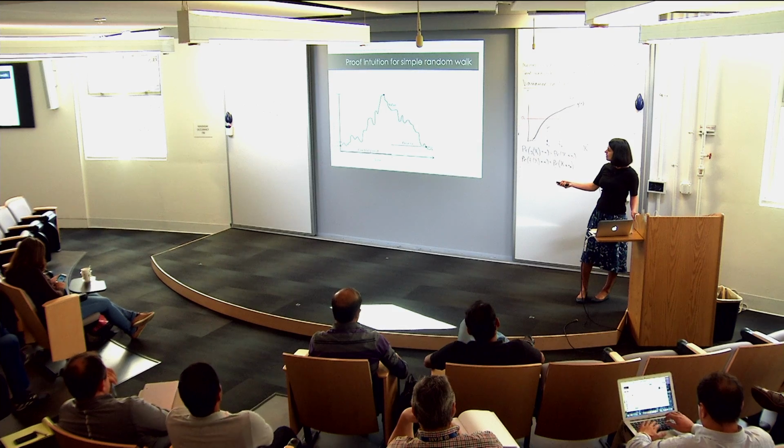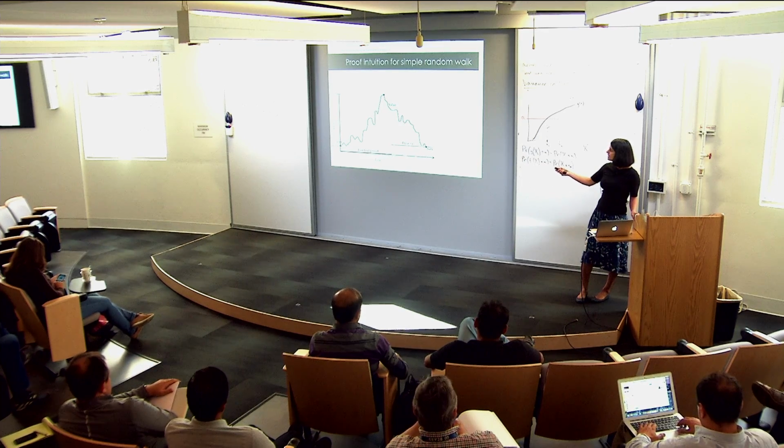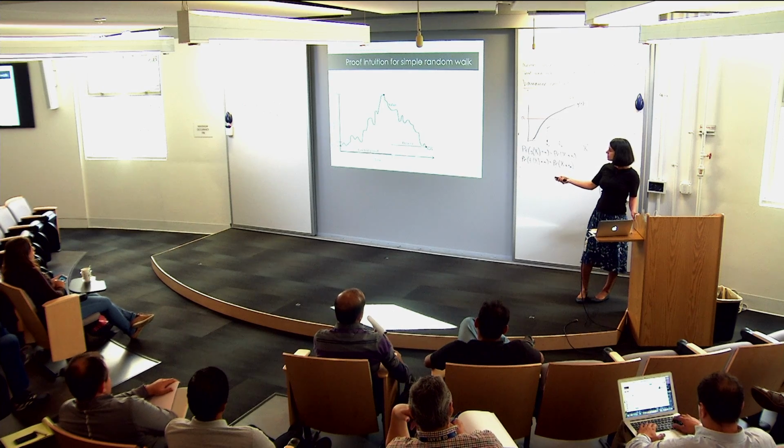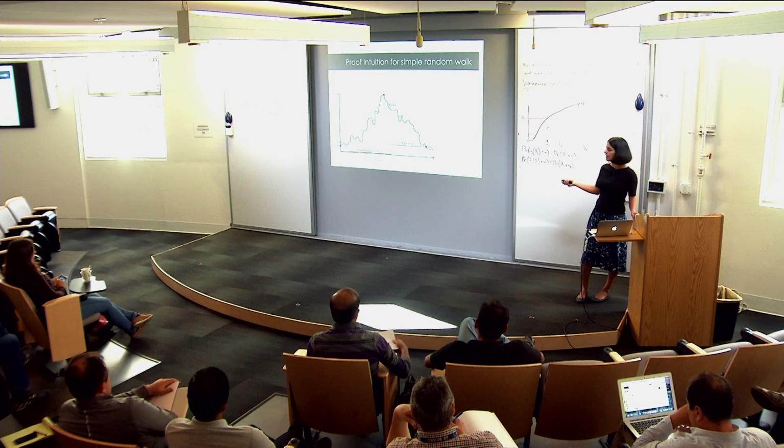And in the simple random walk, the idea is basically that we want the free trial period to be long enough so that this value that starts out really low has a good chance of climbing up to a high value before we start charging the buyer anything at all.